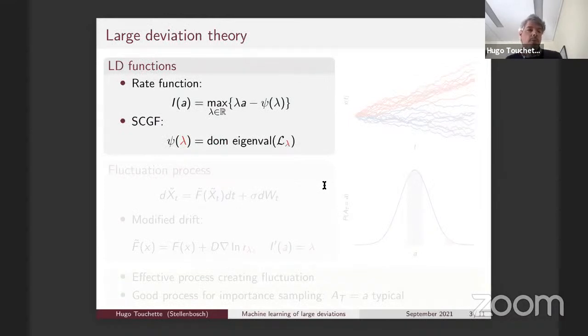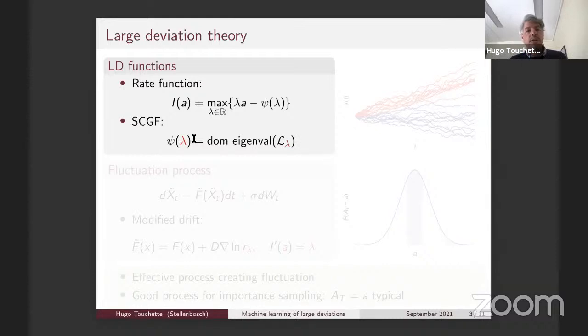So as I mentioned before, the rate function can be obtained as the Legendre transform of that function psi of lambda. So the focus of the talk will be on that function psi of lambda. For a Markov process, what's interesting is that that function, the scaled cumulant generating function, is actually the dominant eigenvalue of some linear operator that we call the tilted generator or the tilted operator.